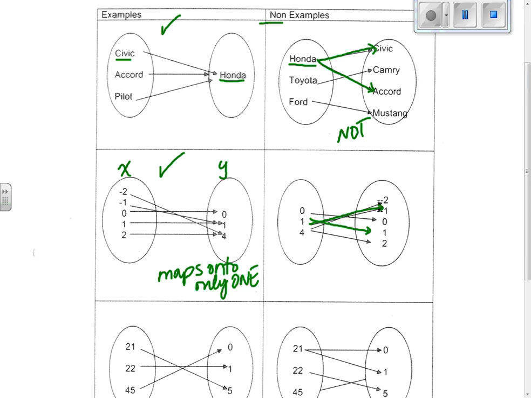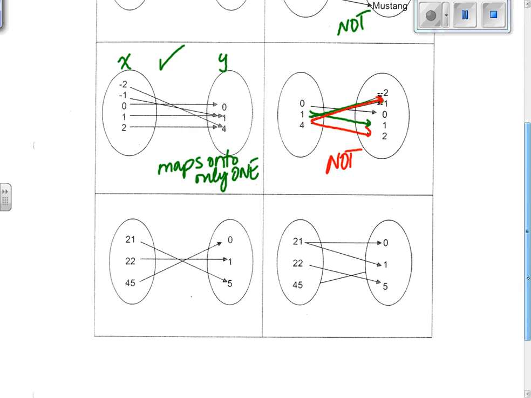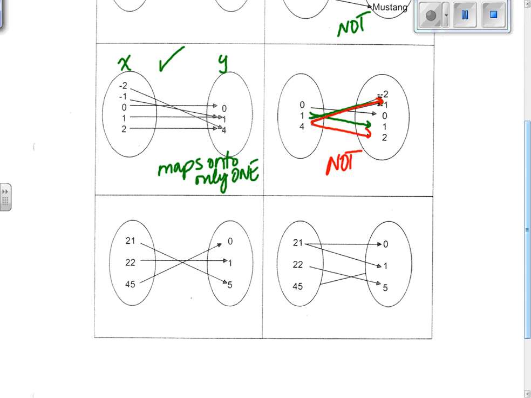And the 4 also maps onto two different answers. That is not a function. Last two as well. The first one on the left is a function. Each maps onto only one thing. Whereas on the right-hand side, 21 gives us two possible answers.